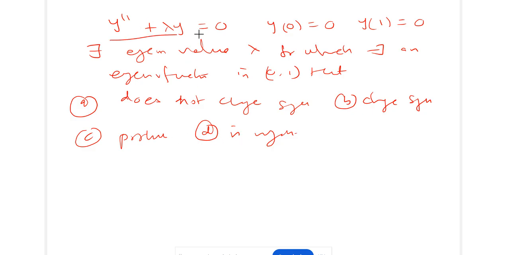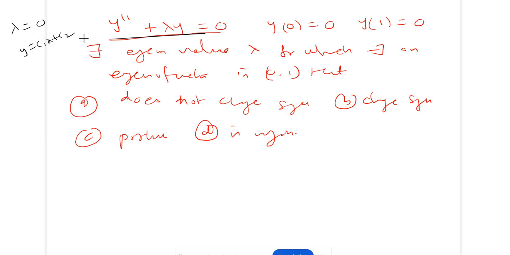We already discussed this Sturm-Liouville problem, I think. Then the corresponding solution for y double dash plus lambda y equal to 0, in the lambda equal to 0 case, we get y equal to c1 x plus c2.